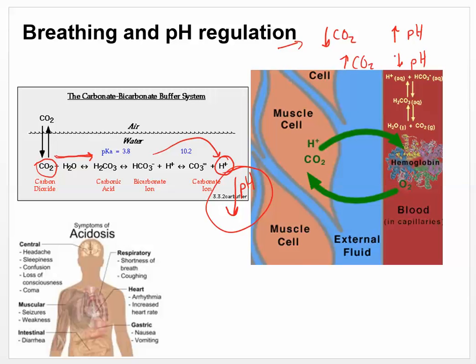As those muscles are working and they're creating an acidic environment, how do we fix the acidic environment? If we just focus on that, well, we breathe heavier. We lower our carbon dioxide, which is going to lead to an increase in pH. Now, it also gives you more oxygen, which is good. But it's interesting how this pH regulation can happen in just this way.